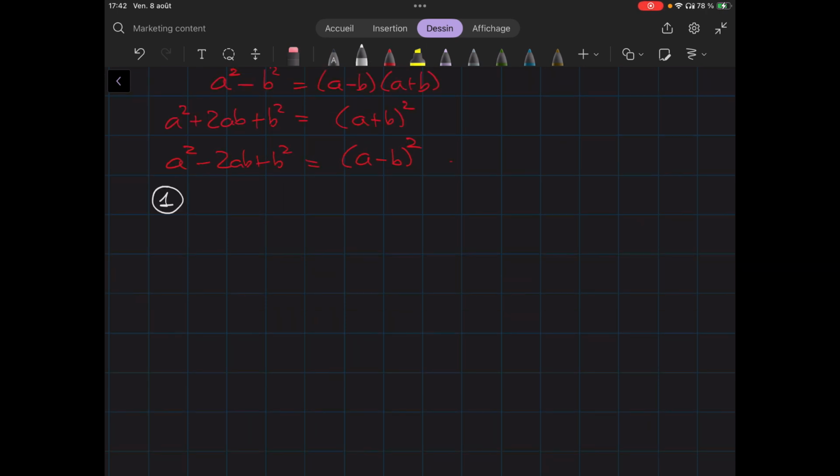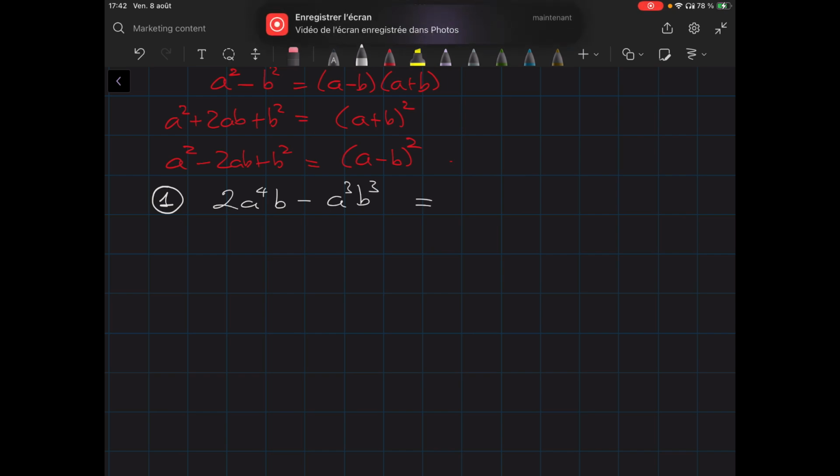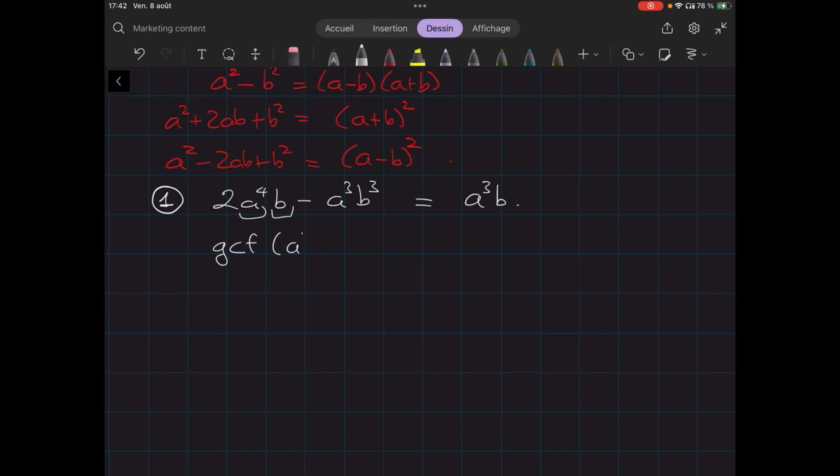Question 1. We would like to factorize 2a to the 4 times b minus a cubed b cubed. So first off, we're going to look for the common factor, a cubed and b. Why? The greatest common factor of a to the 4 and a cubed is a cubed.